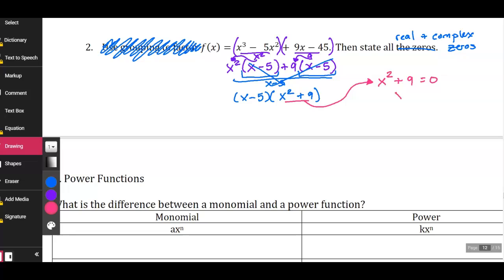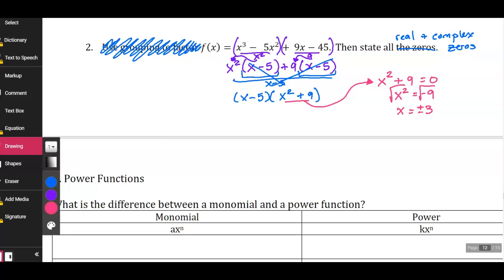So I'm going to subtract the 9 over, but then the x is squared, so I need to square root both sides. The square root of x squared is x. The square root of 9 is 3, so I get plus or minus 3.